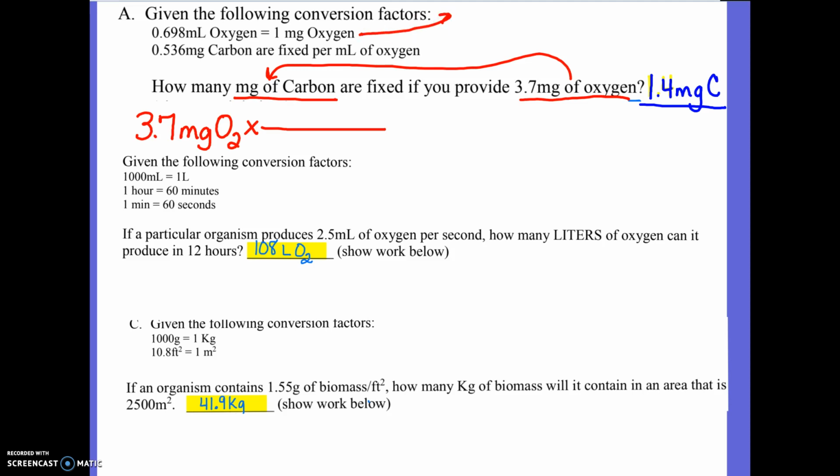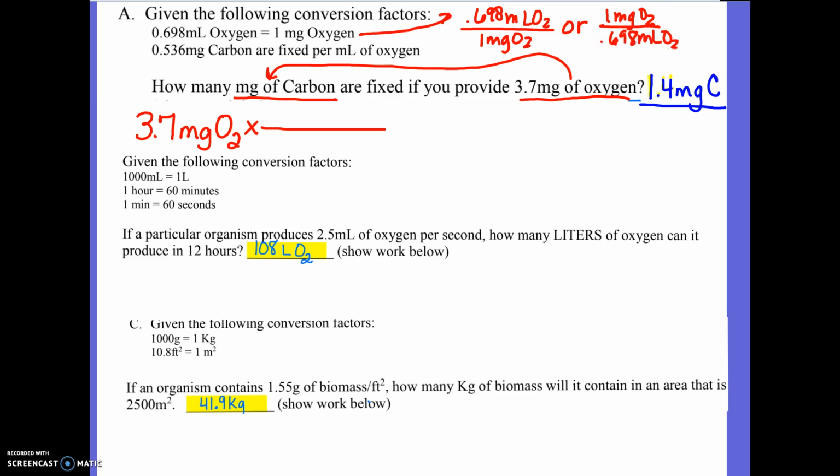Now the fraction can go two different ways. 0.698 milliliters of oxygen over 1 milligram of oxygen, because those two values are equal to each other. Or I could put 1 milligram of oxygen on top and 0.698 milliliters of oxygen on the bottom.